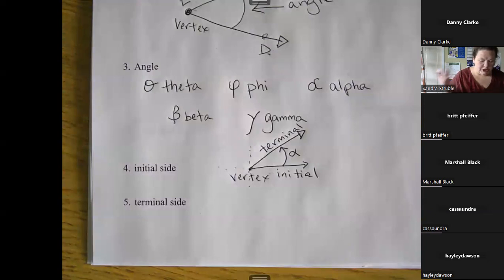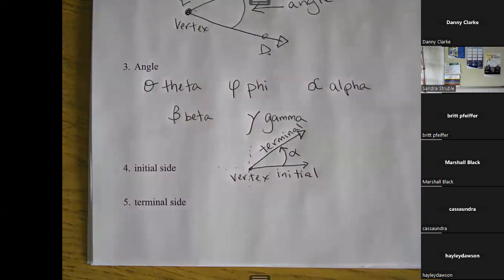What questions do y'all have? This is just a bunch of vocabulary at this point. These are just to let you know what representations of angles you may see, not just in this class. I'm also trying to help prepare you for your next class going forward.